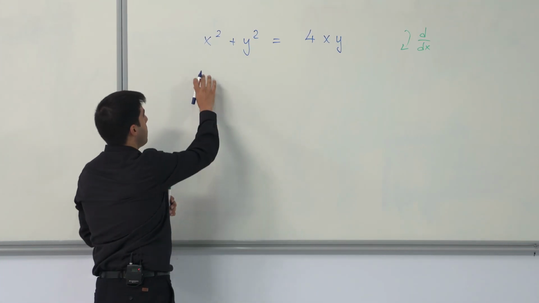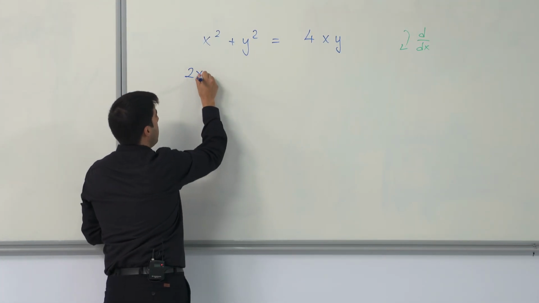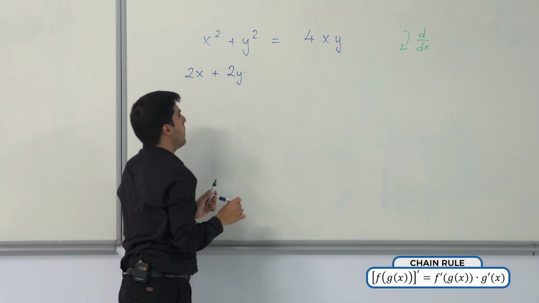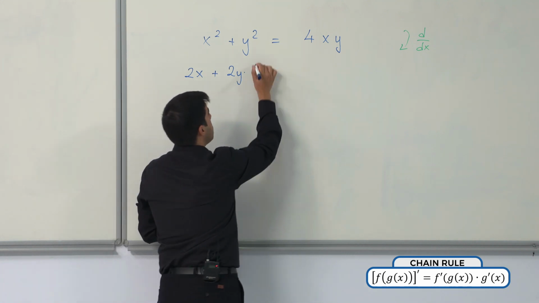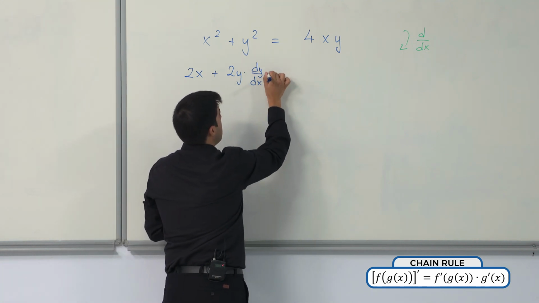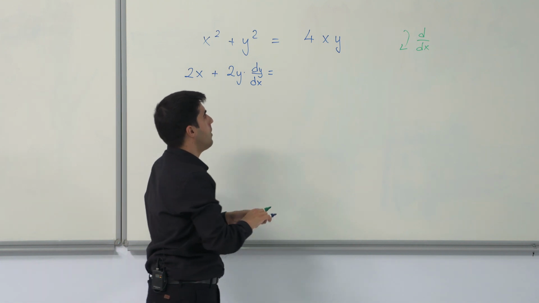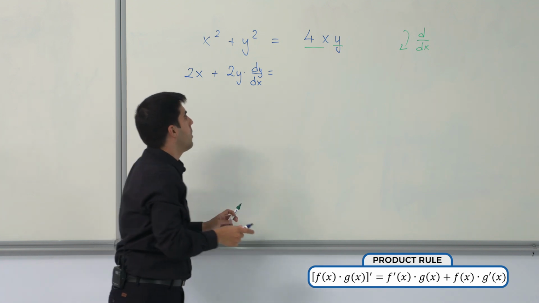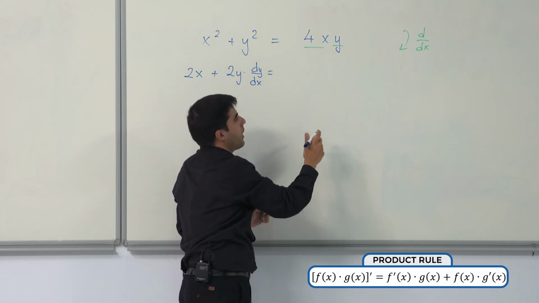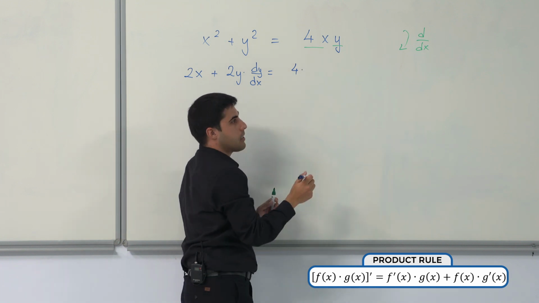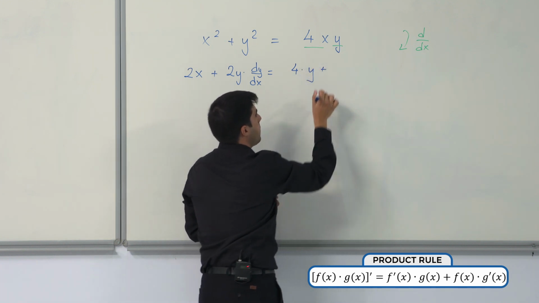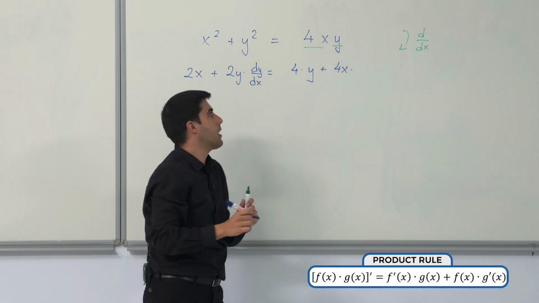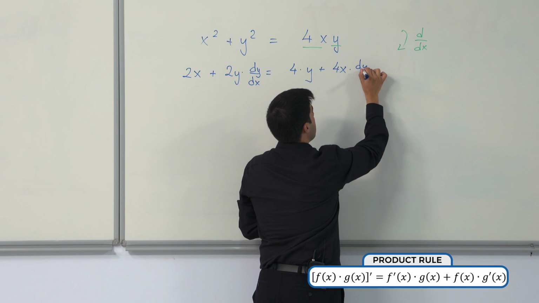So the derivative of x squared gives us 2x plus now y squared is 2y times the derivative of the inside function, which is dy dx, equals, now on the right hand side we have a product 4x times y. We need to use the product rule. So the derivative of the first one, 4x, is 4 times the second one, which is y, plus the first one, 4x, times the derivative of the second one, which is dy dx.